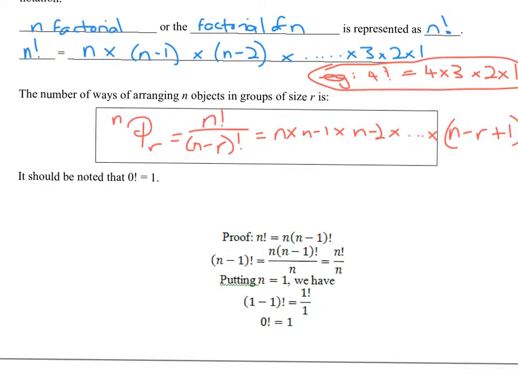Now that makes sense, hopefully, because n primed is equal to n times n take 1 times n take 2, all the way down to 3 times 2 times 1. Now if you wrote that part in a different way, that is actually the same as n take 1 primed. So you can therefore write n primed as n times n take 1 primed. That's why you can write that. Now n take 1 primed is the same as this.